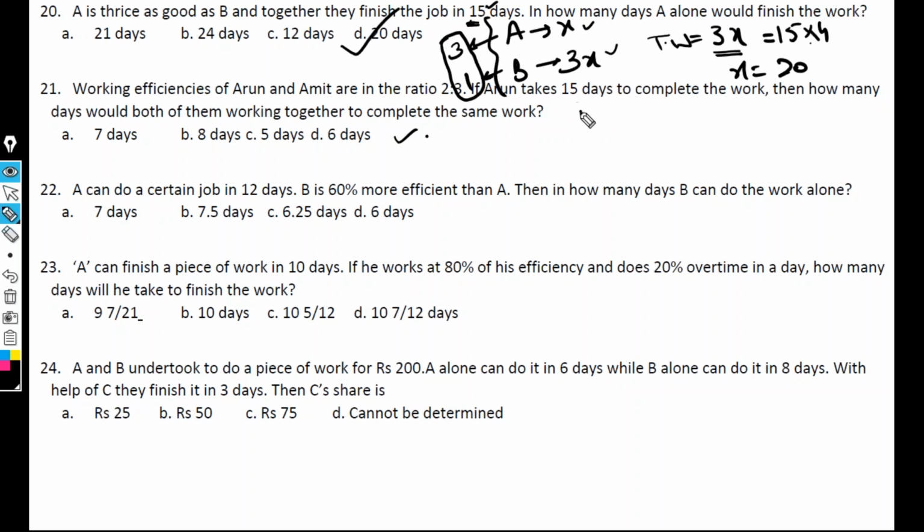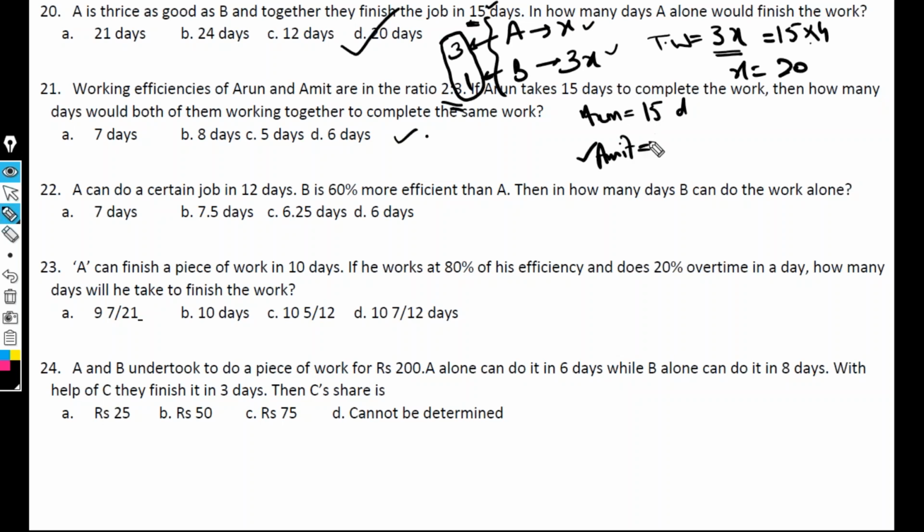Okay, now guys, let's discuss. So here he says Arun takes 15 days to complete the work. Work efficiencies are given to me. They are in the ratio 2 is to 3. So we can say Amit is 1.5 times more efficient than Arun.